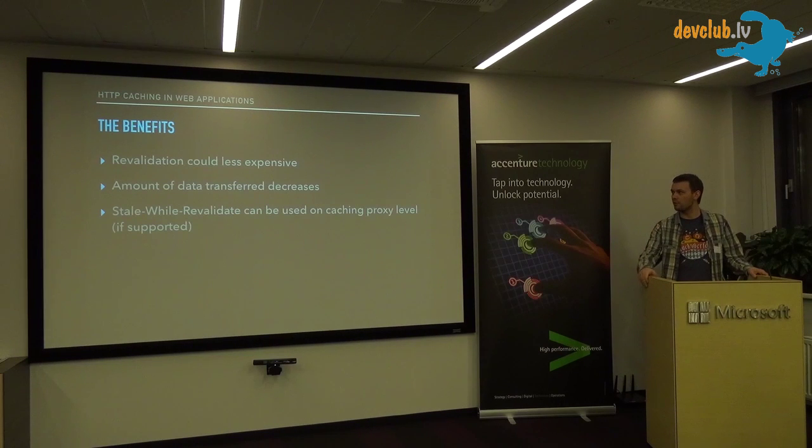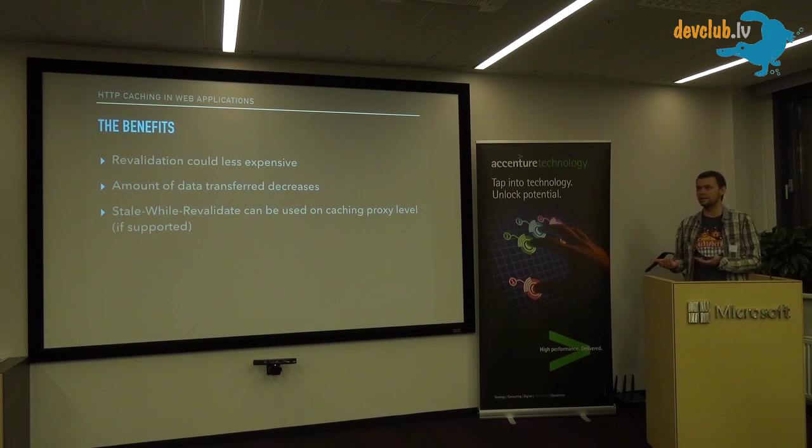Again, recap of benefits. So, revalidation could be less expensive. I didn't really show that, but the idea is that if you have to generate the whole response body, it takes a certain amount of time.